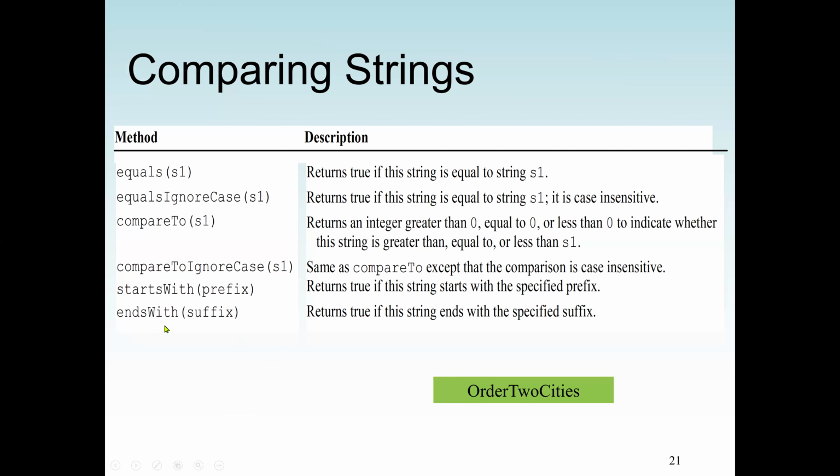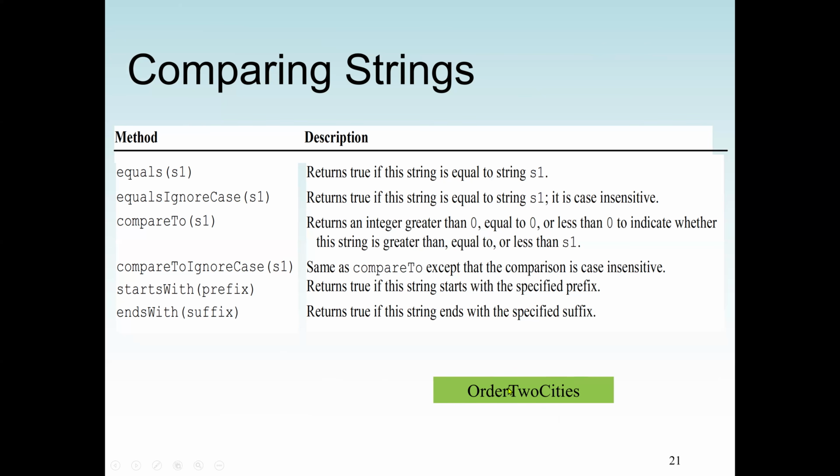Same thing applies to endsWith, with the suffix. So if I have a variable, let's say String s1, I can say s1.endsWith("S"). If the content of the string ends with S, then it will return true.